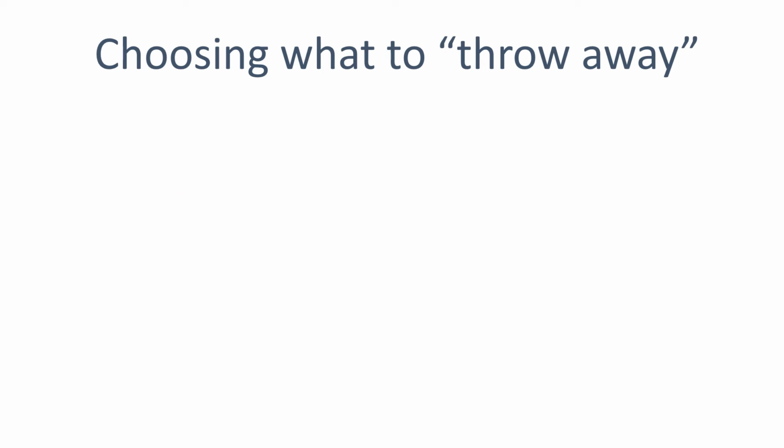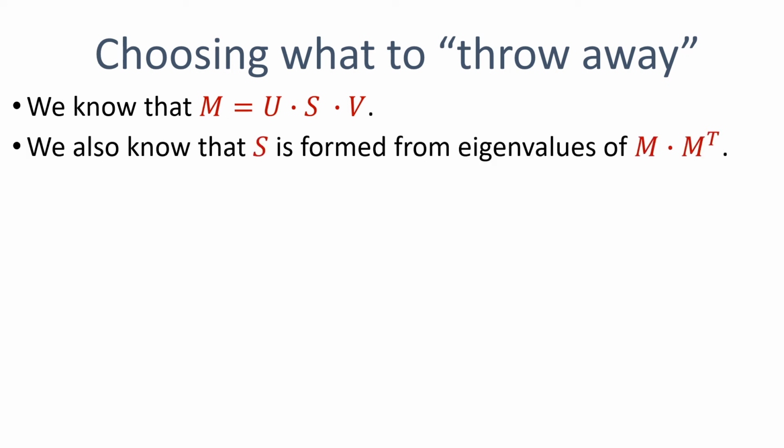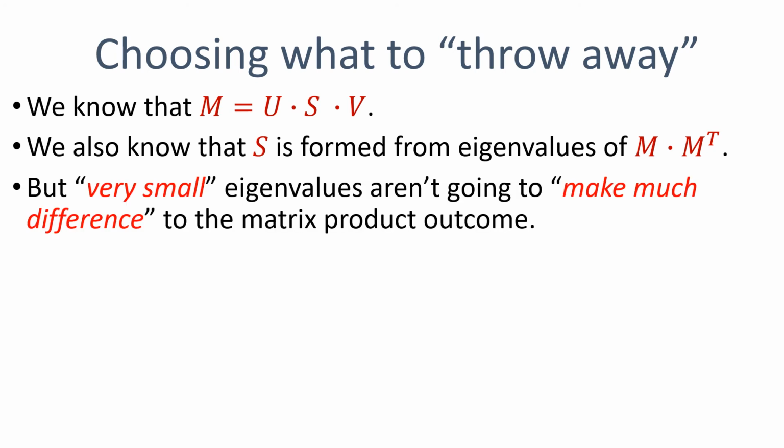So how do we decide what we're going to throw away? Well, we know that our original matrix, we can recover that by multiplying our three matrices that we've described together. We also know that our middle matrix is formed from eigenvalues of this matrix. But if we have very small eigenvalues in this matrix, they're not going to make much of a difference to the final product.